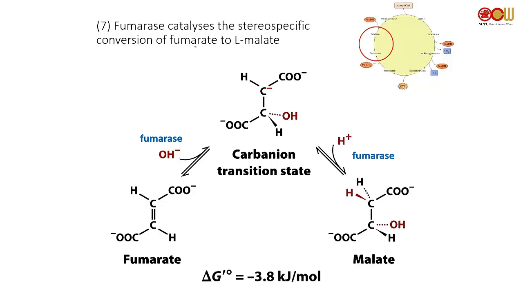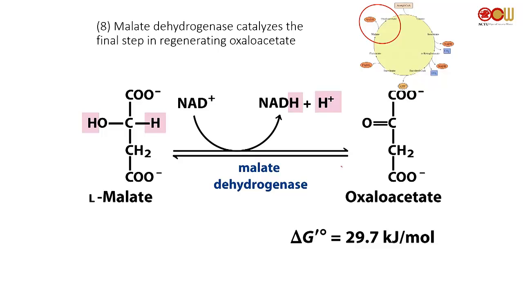Fumarase is getting fumarate to malate, and the way it works is you go from fumarate and do a hydration using OH minus, and you get this carbanion transition state. Then you grab a proton, balance it, and it becomes malate. So it's fairly simple this way, right?